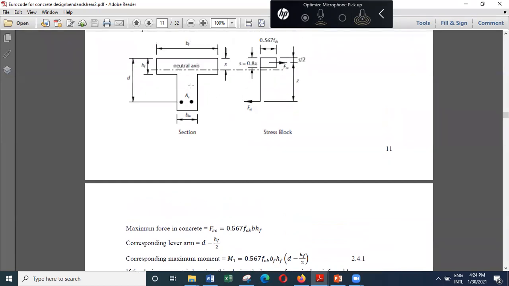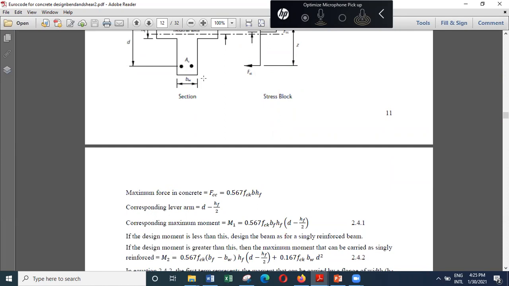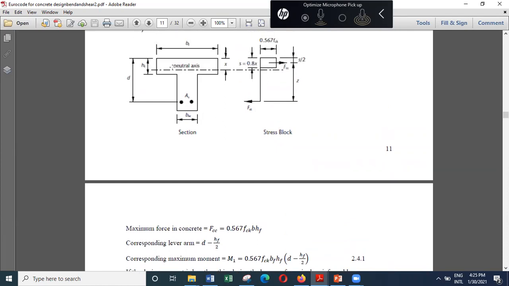But there's another situation where the x over d is 0.45, and that is the maximum moment carrying capacity of the flange beam as singly reinforced. How to find that value? What we do is, first we will consider this flange beam as two beams.